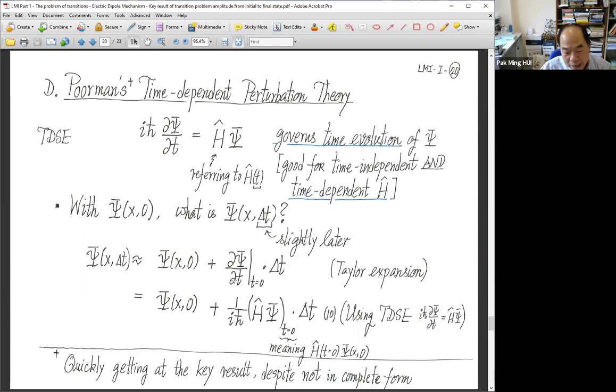Now, we see this derivative can be expressed using the time-dependent Schrodinger equation. This is 1 over i h bar H phi, okay? So I plug it into here. Still okay, right?